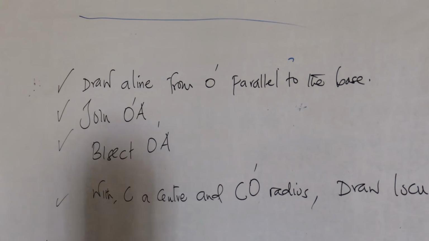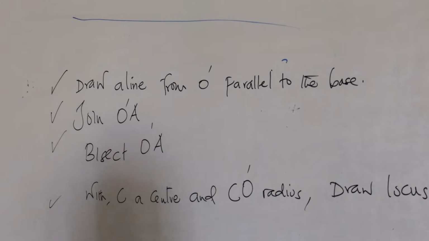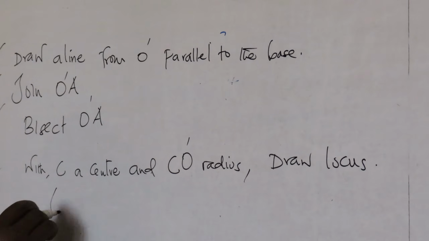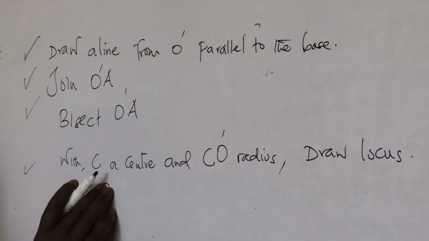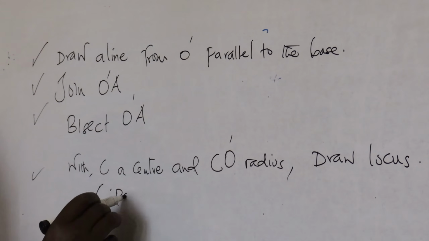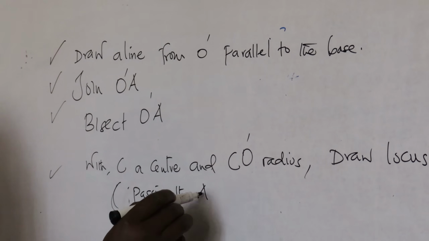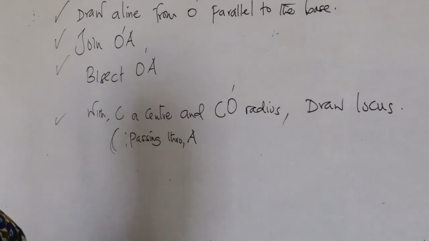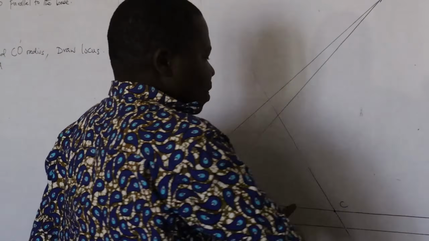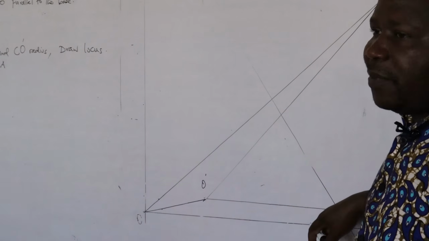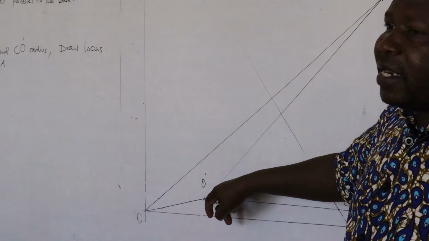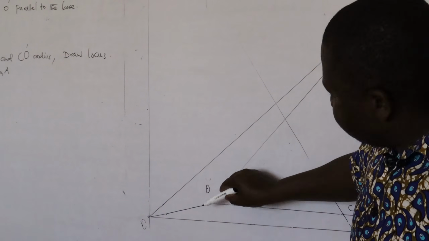Draw the locus. Ensure it passes through what? Passing through A. I'm saying, with C as the center, you have the compass there. CO prime radius, that's where your pencil is.